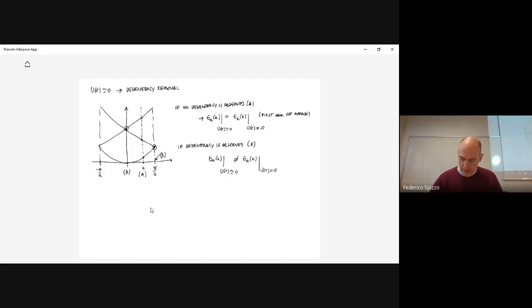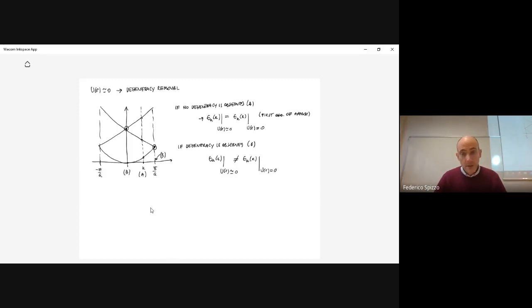So the final point is that we may use as a first order of approximation the same energy band structure that we obtained in the free electron case everywhere, apart from the regions where the band diagram in the free electron case displays a degeneracy. So in the case where we have crossing of branches, as is found here, for instance, at the origin and at the border of the zones.